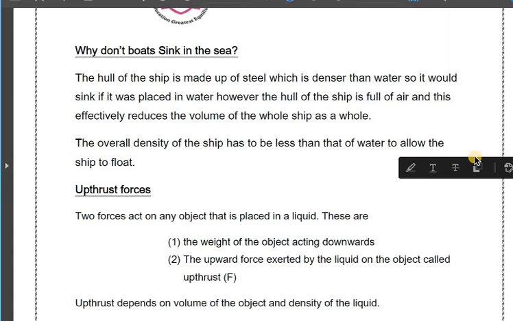And because the hull of the ship is full of air, it increases the volume. It has massive volume. If you're going to calculate the density, remember when you calculate density, we say mass over volume.